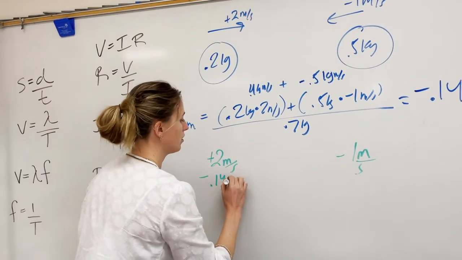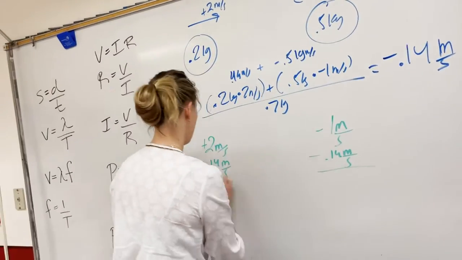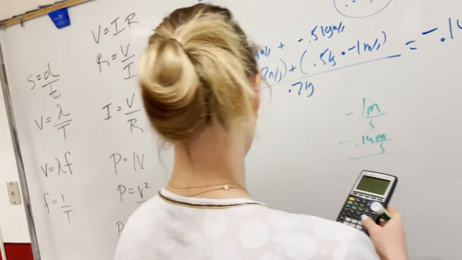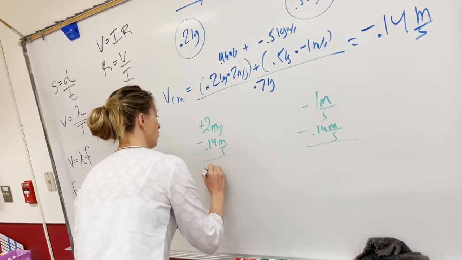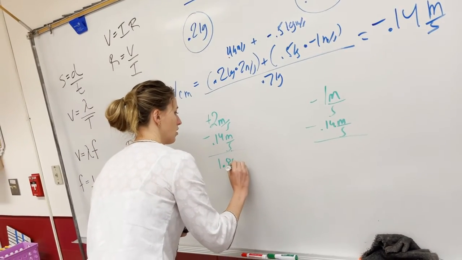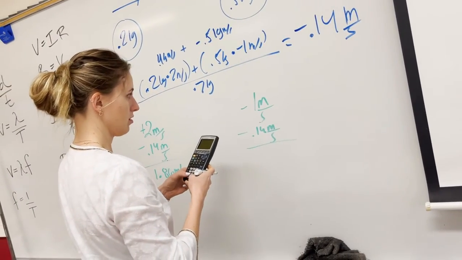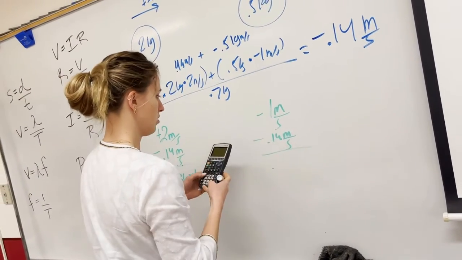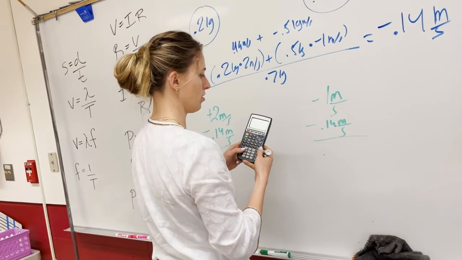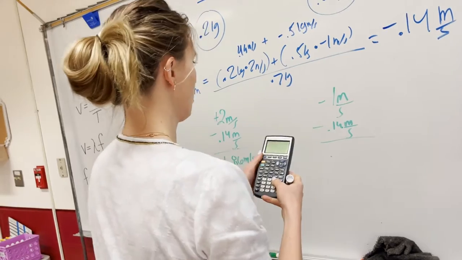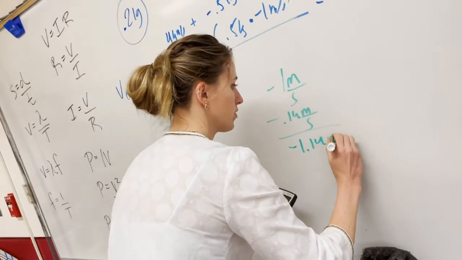That gives me 2 minus 0.14, which is 1.86. And this should be 0.86. Well, negative 1 minus 0.14 is negative 1.14 meters per second.